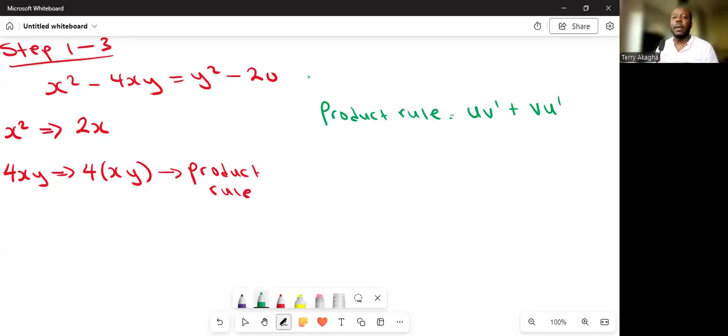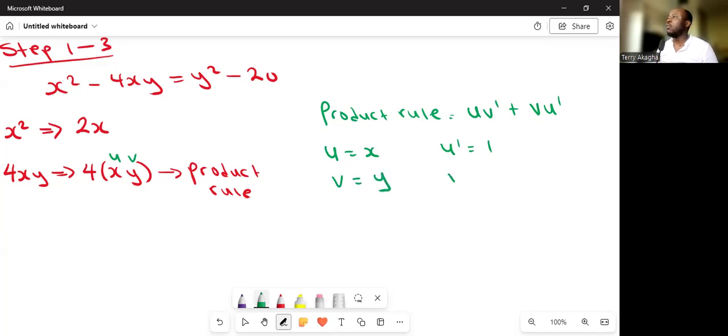So this is going to be our u, and this is going to be the v. So u is equal to x, which means u prime, when you differentiate x, gives us 1. As usual, when you differentiate x, you differentiate it normally; you don't do anything else. But now v is going to give us y.